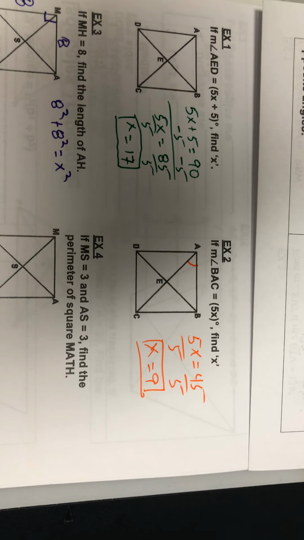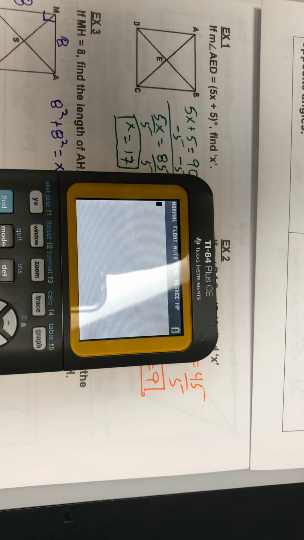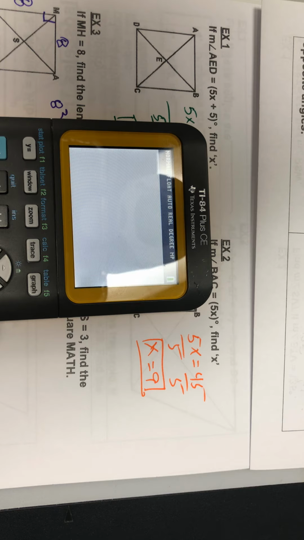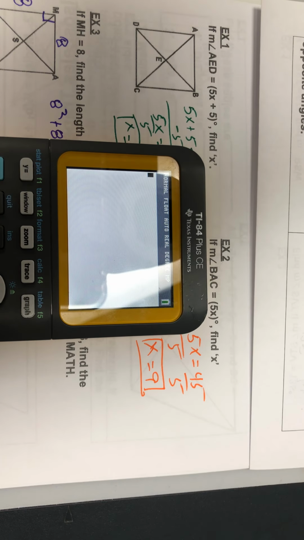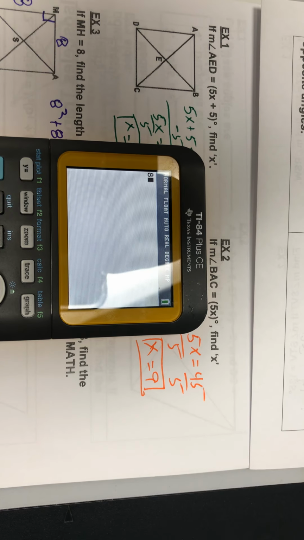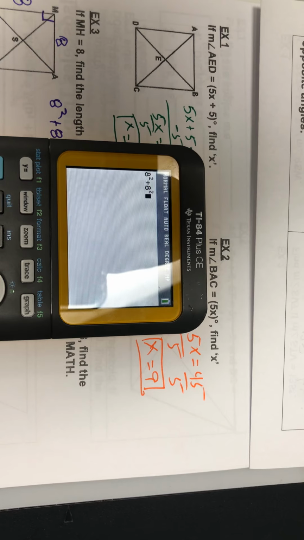So on my calculator, hopefully there's not a glare there. I've got 8 squared plus 8 squared, 128, and I've got to take the square root of that.